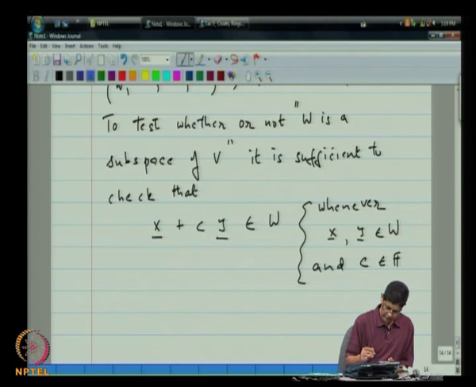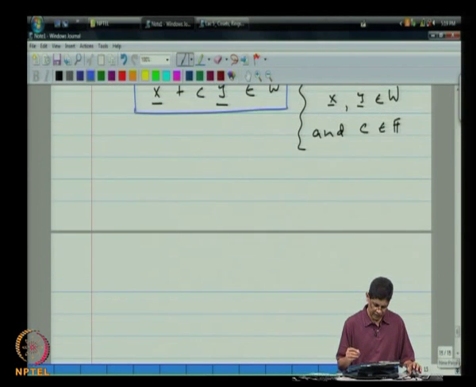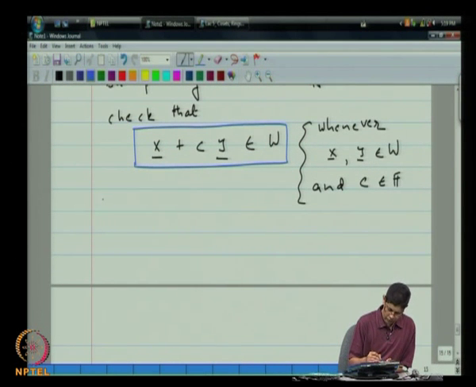So, you can just apply this one test, and that in a sense covers all the 9 axioms. Why is that? If you ask the question, how does this cover all the axioms?